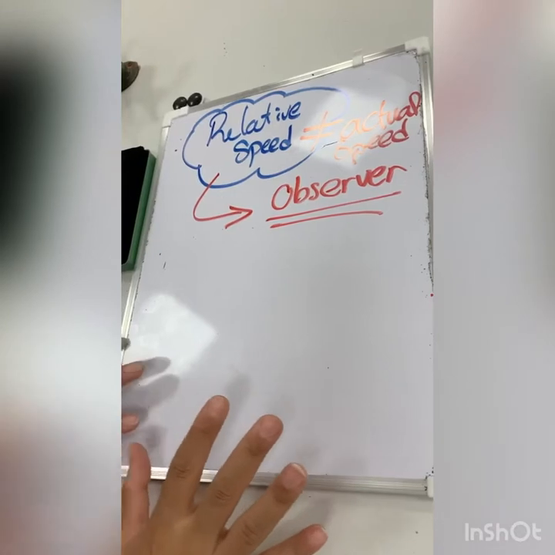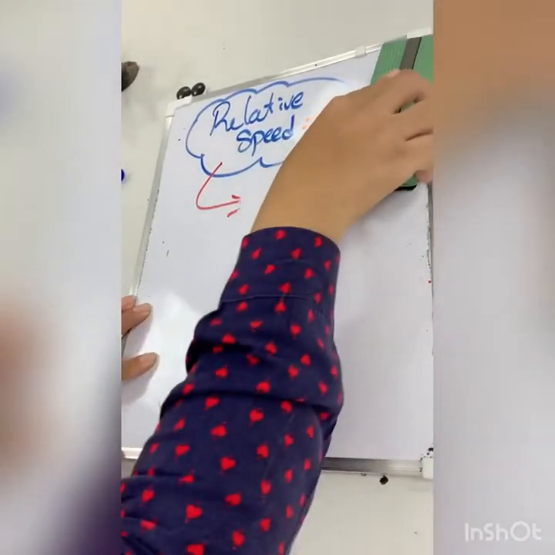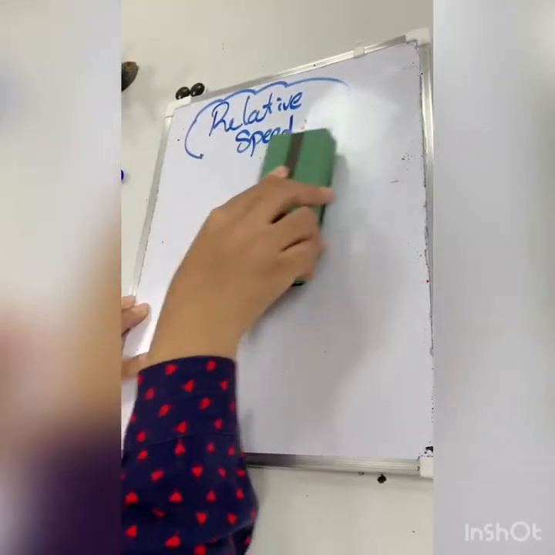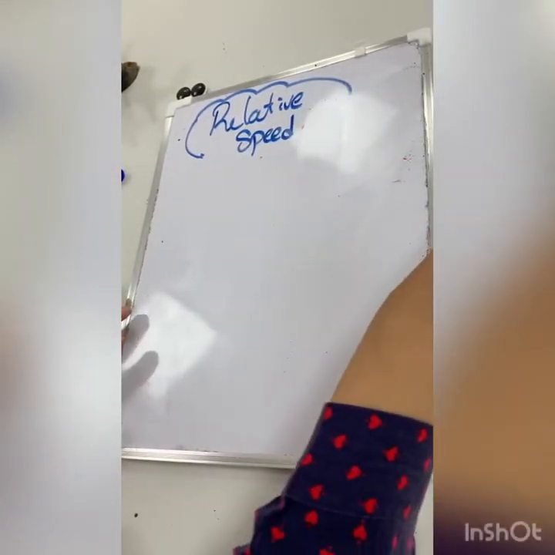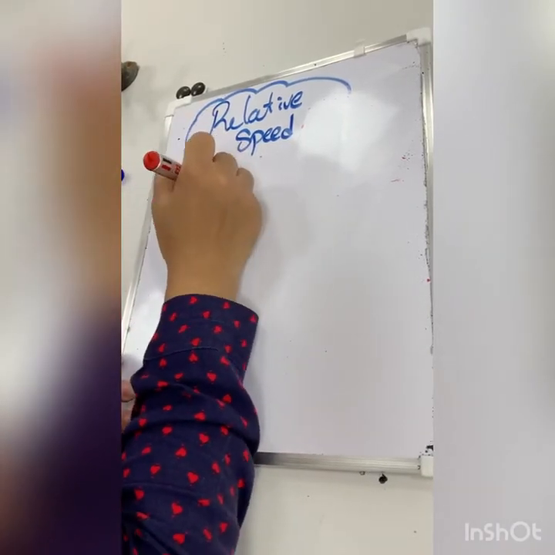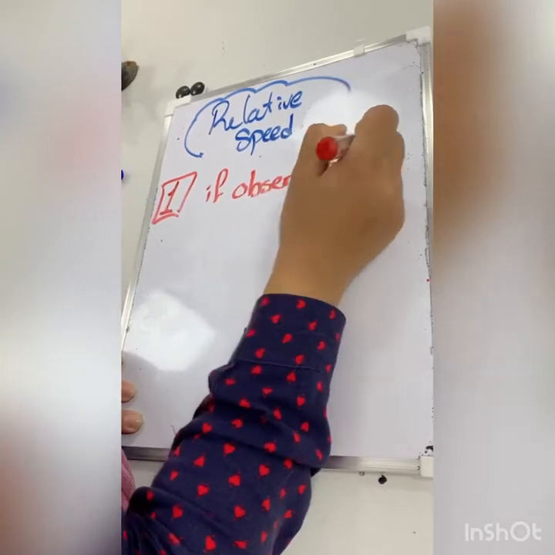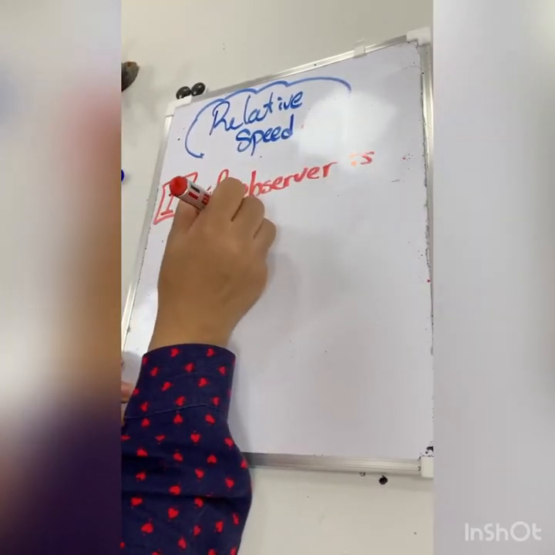Let me tell you that you have 4 cases in the relative speed. Case number 1, if the observer is at rest.